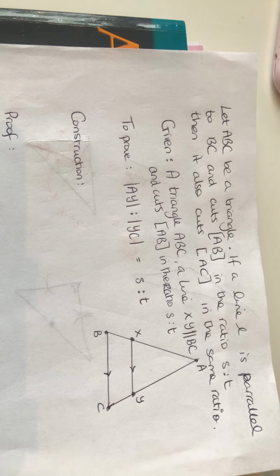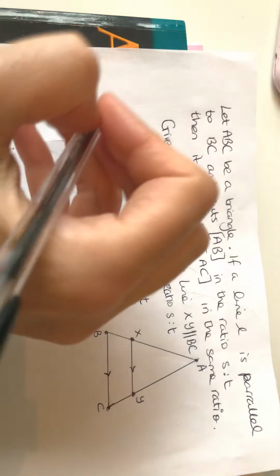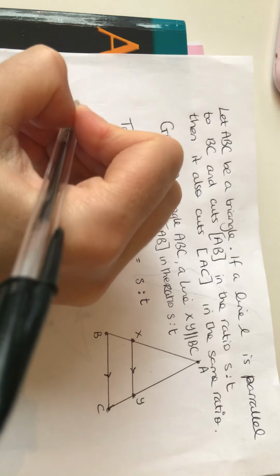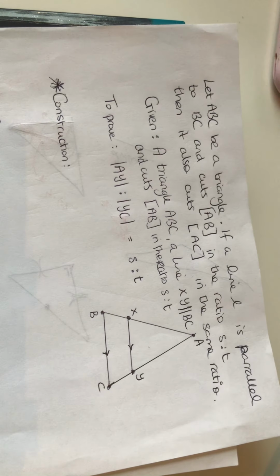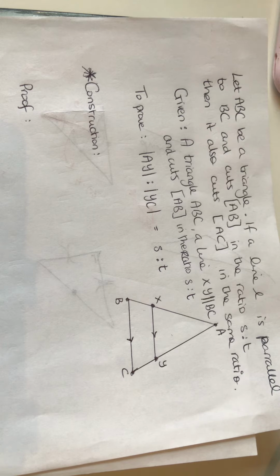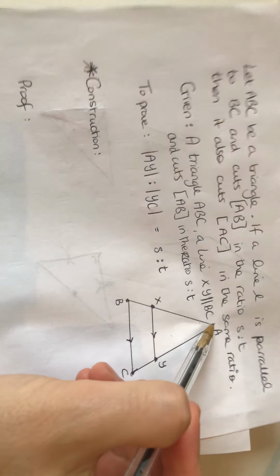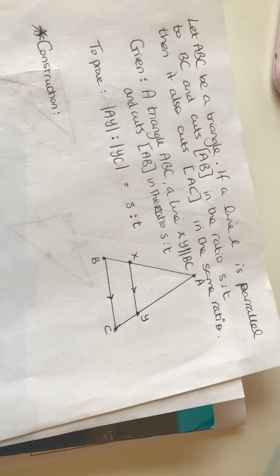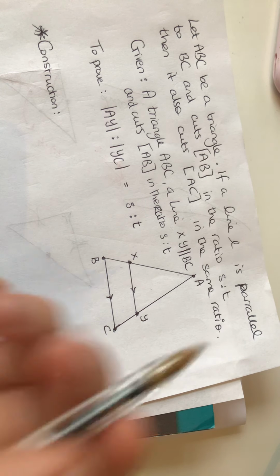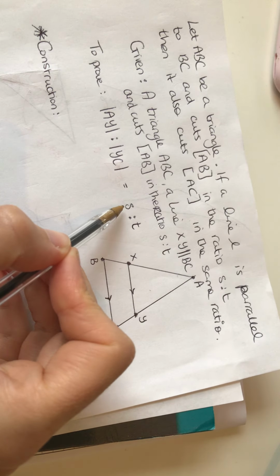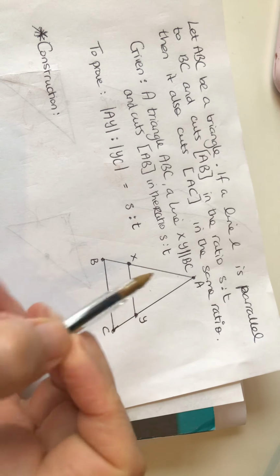Again, construction you might have to remember. So maybe this is the only part where you'd want to have it stored as to what you're going to do. And you're going to divide AX into 5 equal parts, 7 equal parts, 9 equal. I can't do that. I need to have algebra here, so S equal parts.